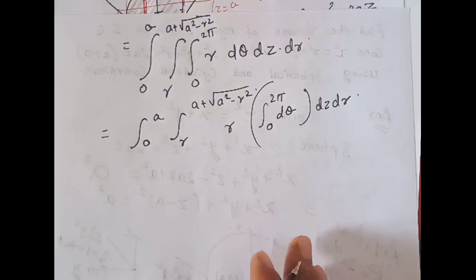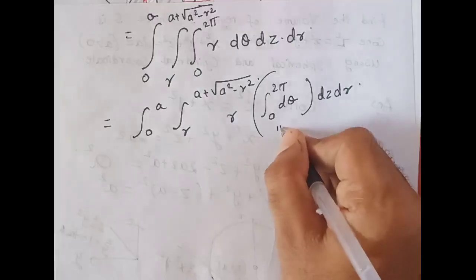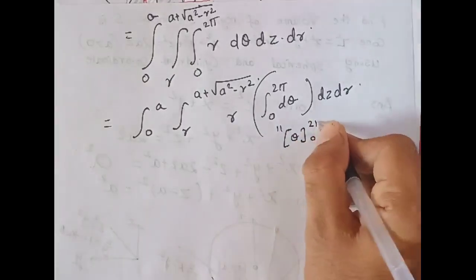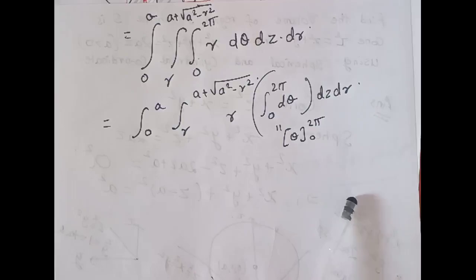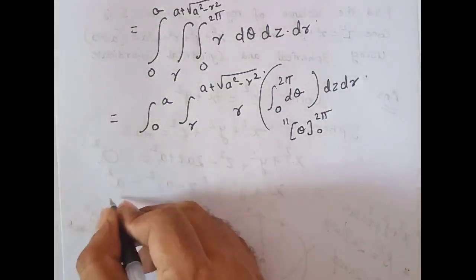Okay, so this integral is going to be 2π, because this will be equal to θ from 0 to 2π, and upper limit minus lower limit is going to be 2π, so I'll take that out.